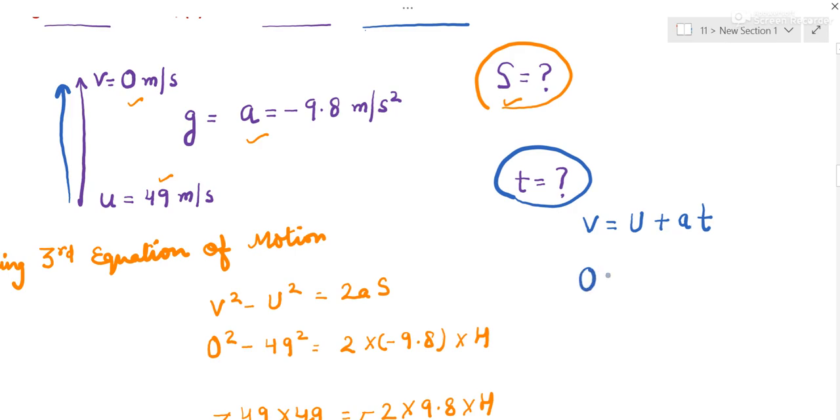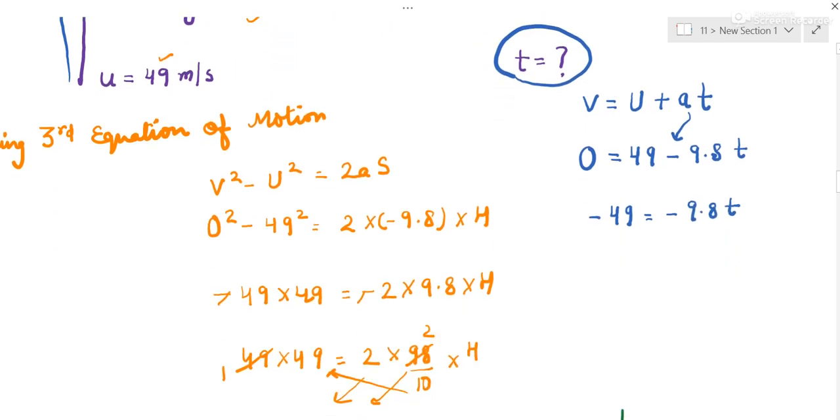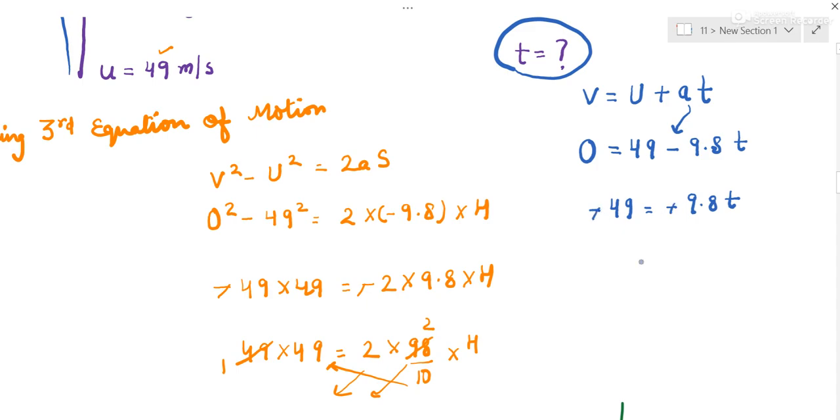V is 0, U is 49, A is minus 9.8, this is T. So minus 49 will come this side, equal to minus 9.8 T. So minus cancel. Again 9.8 can be written as 98 by 10. So it is 49 twos are 2 fives are. So time is coming as 5 seconds, but this is half time to reach maximum height.